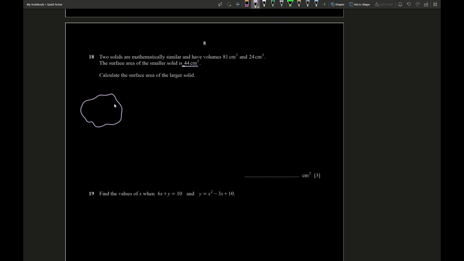So this is the smaller shape, which has a volume of 24 centimeter cube.